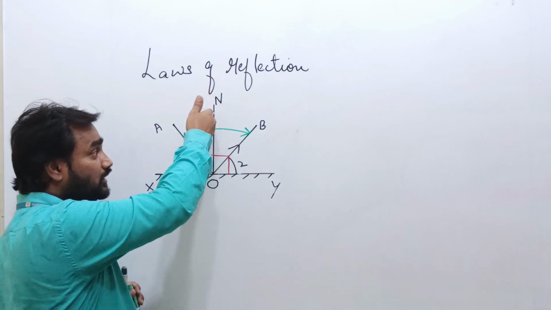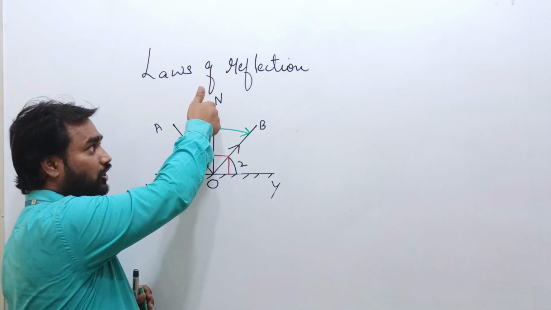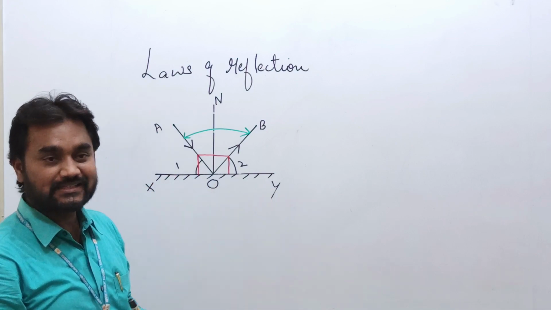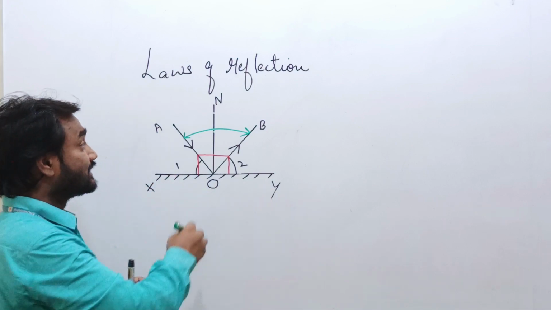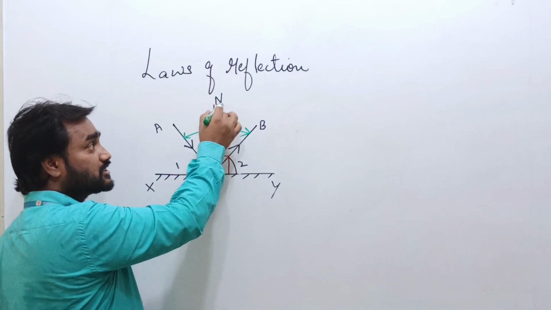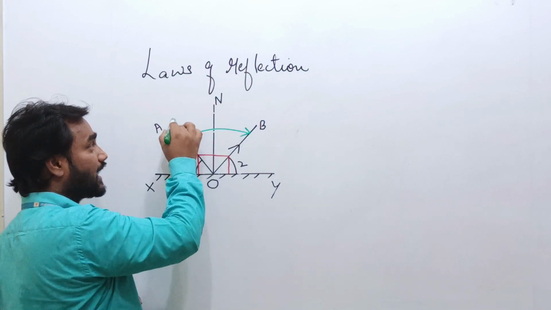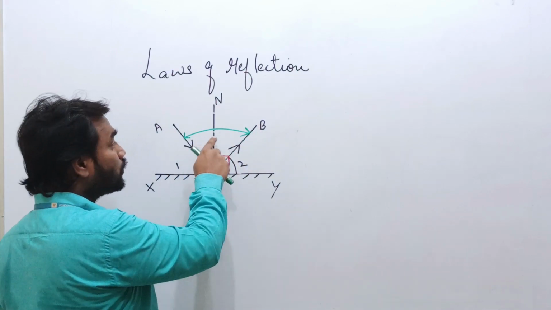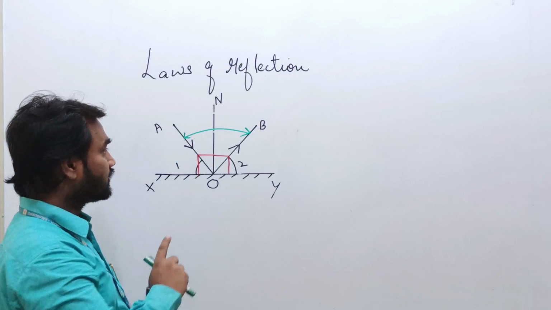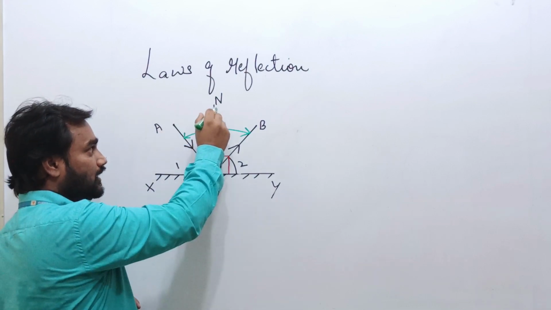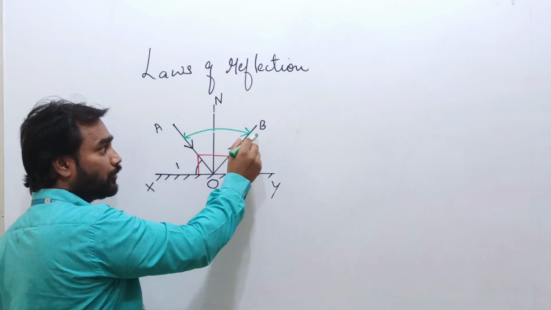When we have drawn normal NO to this reflecting surface XOY, this normal NO divides angle AOB into two equal parts, into two equal angles, that is AON and NOB.